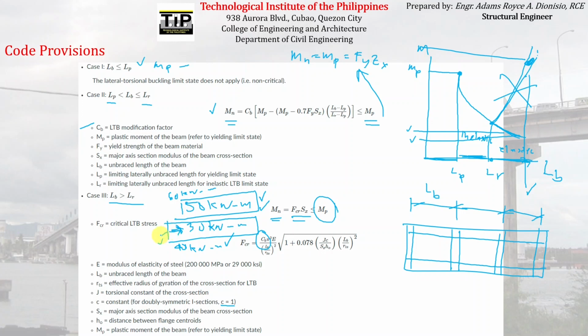Okay, so mas gusto natin mas maliit yung moment capacity kaysa sa mas malaki. So sa analysis, pag dinideclare natin yung capacity ng section natin, mas gusto natin mas maliit yung moment capacity. Okay? Kumbaga, mas low key lang yung section natin.